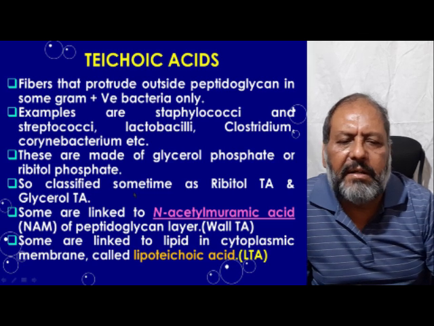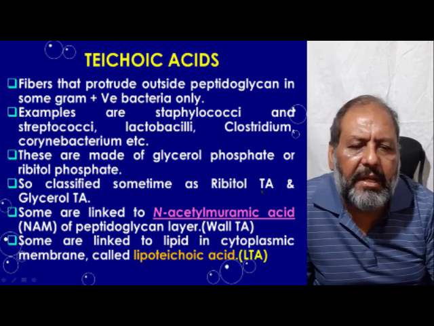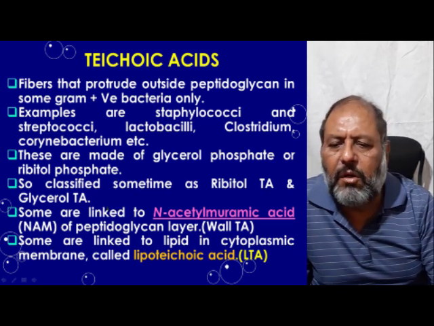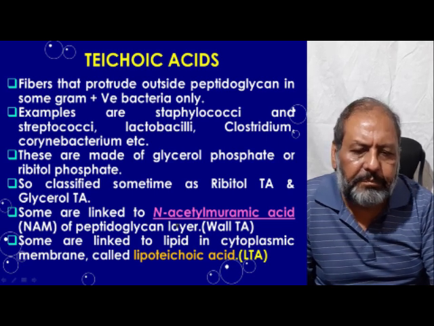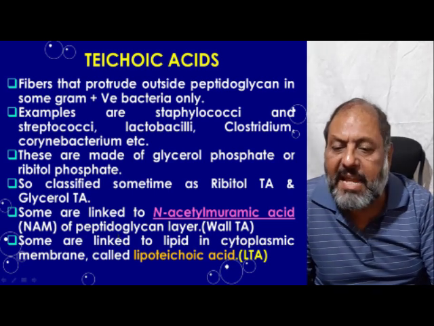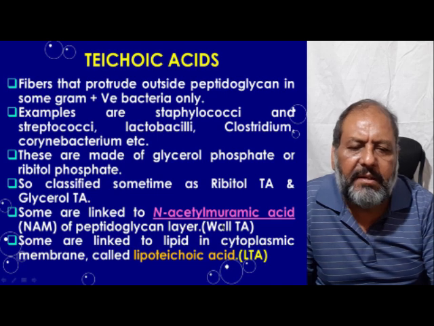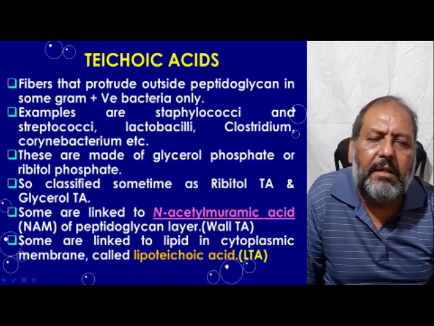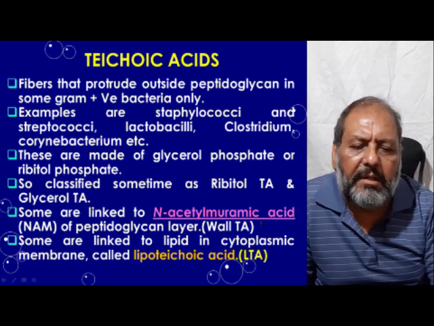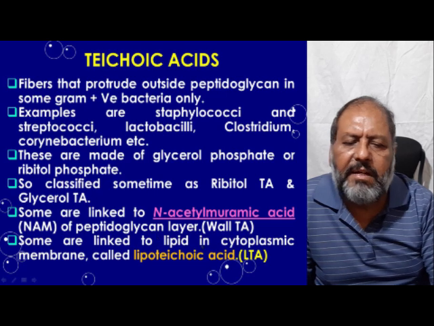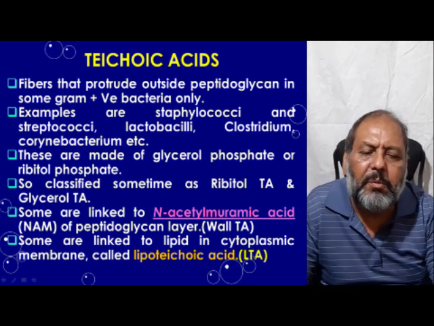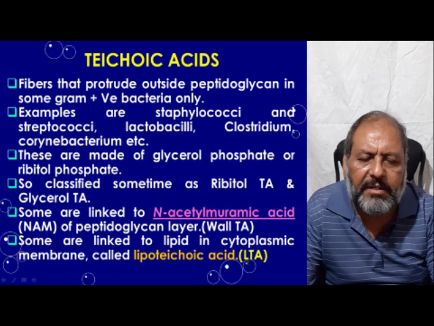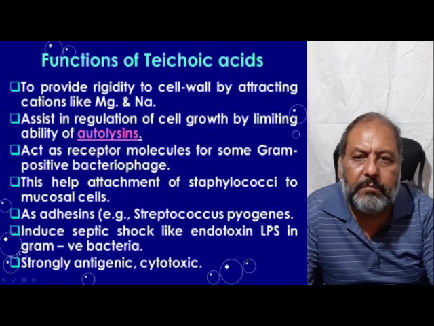So they are classified as ribitol TA or glycerol TA. Some are linked to N-acetylmuramic acid, NAM, of the peptidoglycan layer. So these are also sometimes called wall teichoic acid. Some are linked to the lipid in the cytoplasmic membrane, called lipoteichoic acid, abbreviated as LTA.